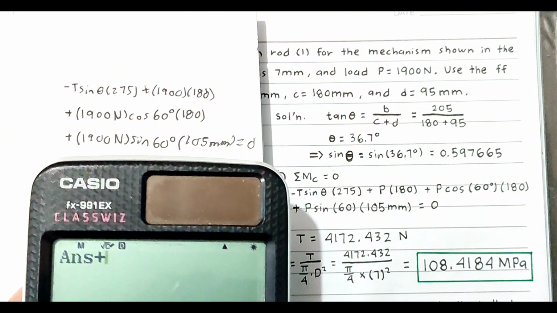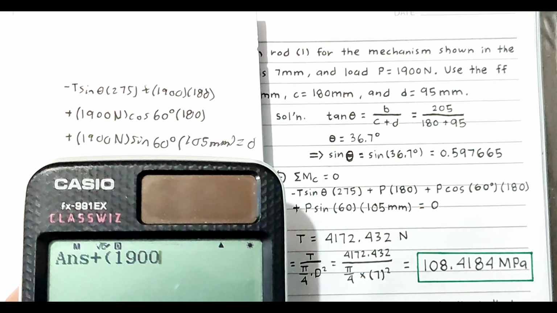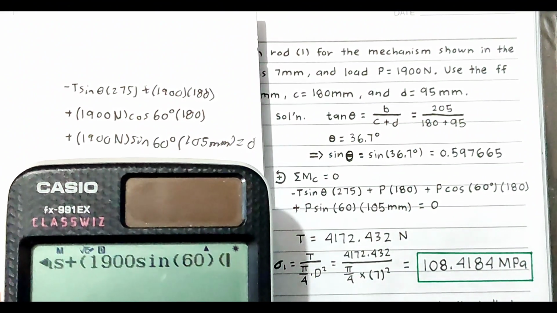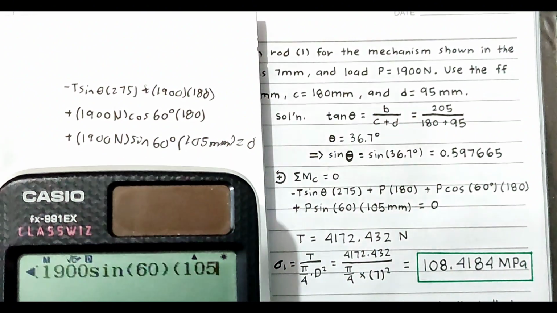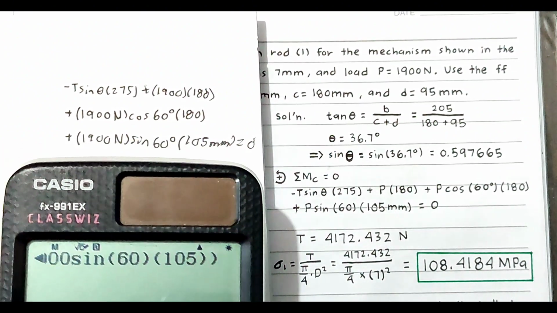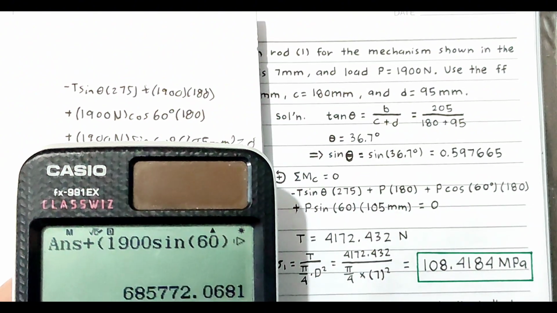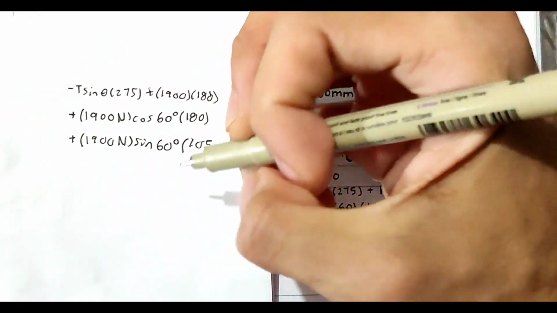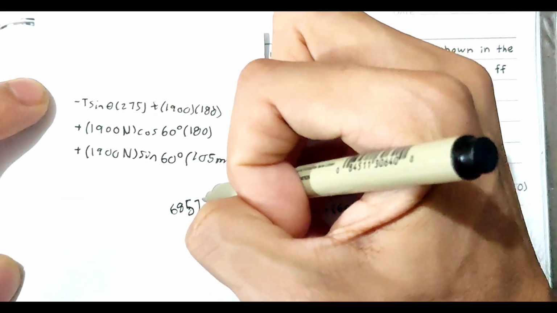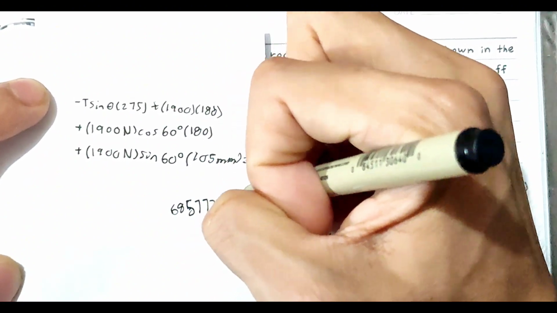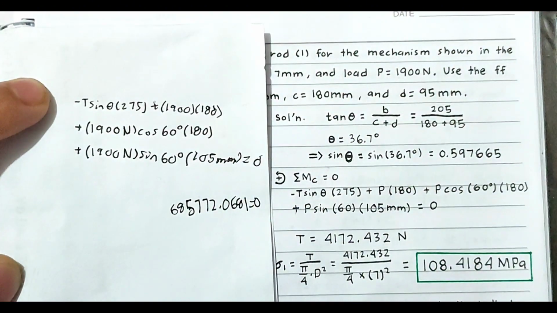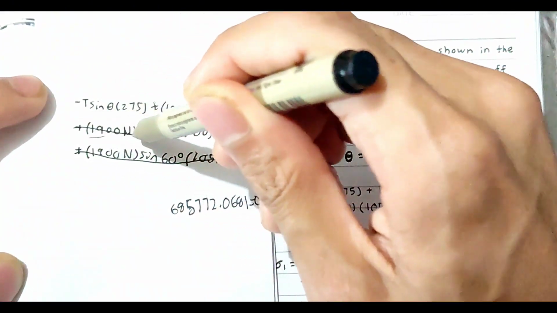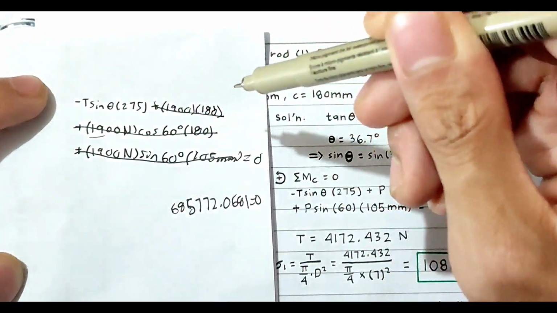So add again 1900 newtons sine of 60 times 105 millimeters, which is the distance at A, and we obtain this value. Let's first write this one here, 685,772.0681 equals 0. Now this one we have solved already. Let's cancel out the things that we have solved.